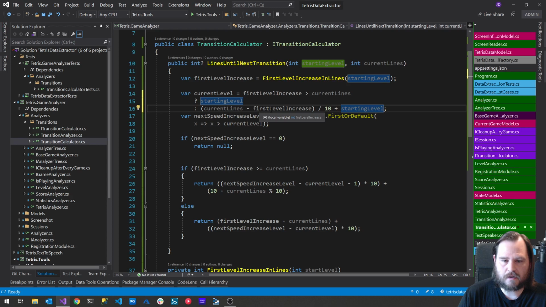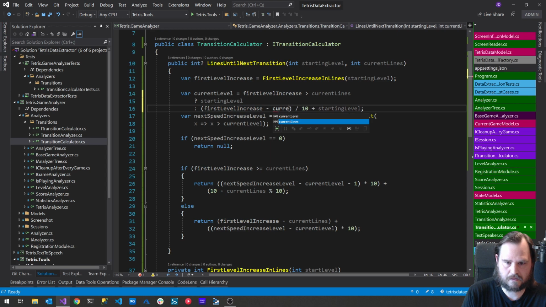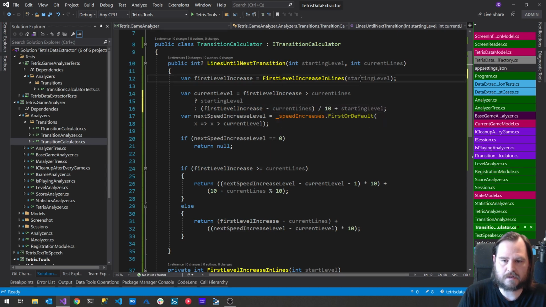So let's say we started on 15. Oh, this needs to be first level increase minus current lines. Say we started on 15. Our first level increase would come at 100 minus current lines.